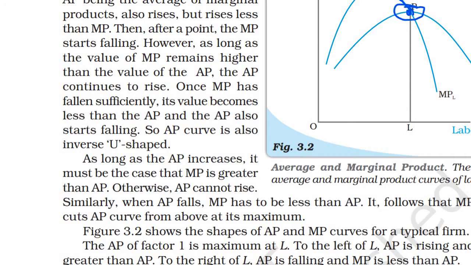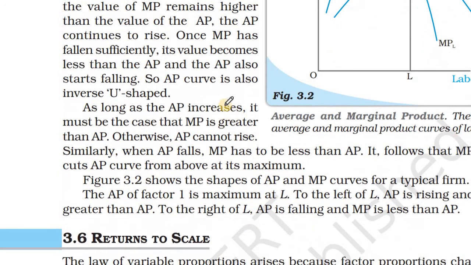At that point MP will cut AP, and after that, when MP falls sufficiently, AP also starts to fall. This is the curve of marginal product and average product.